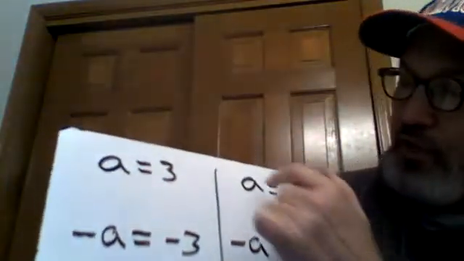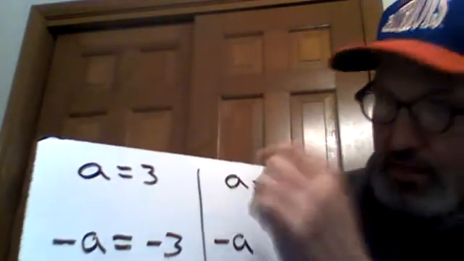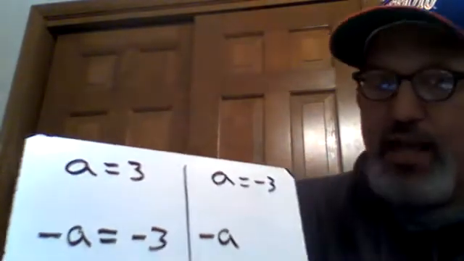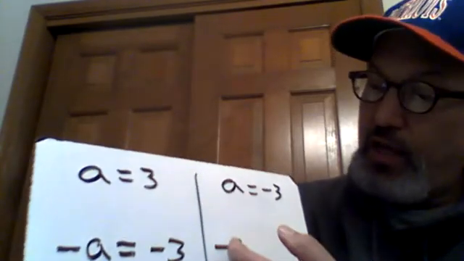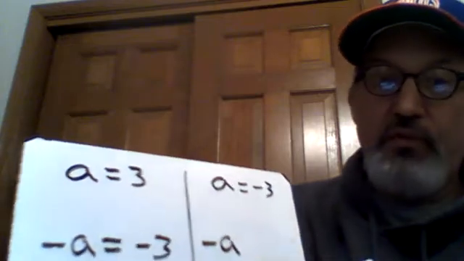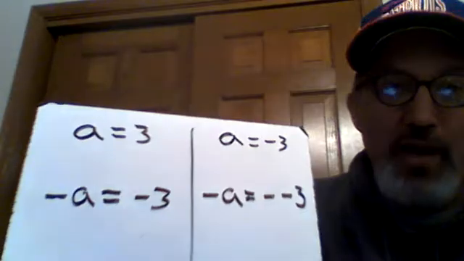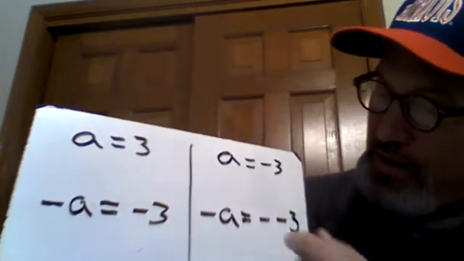Shouldn't be too surprising. But over here, look what happens. If we are claiming from the start that A itself, that number, is -3, and then we put a minus sign in front of the A, we say the opposite of A, okay? Well, what we have to do is put a minus sign in front of what we're saying the A was. So now there are 2 minus signs in a row, right?